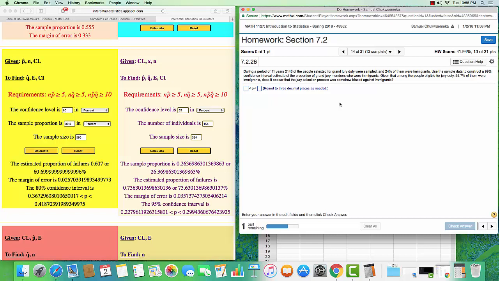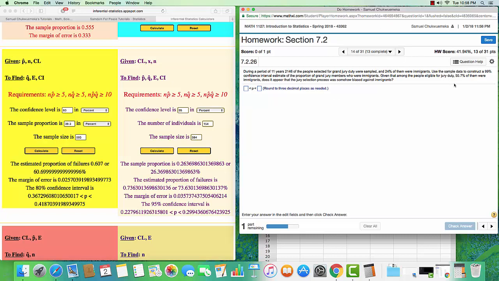Use the sample data to construct a 99% confidence interval estimate of the proportion of grand jury members who were immigrants. Given that among the people eligible for jury duty, 55.7% of them were immigrants, does it appear that the jury selection process was somehow biased against immigrants?